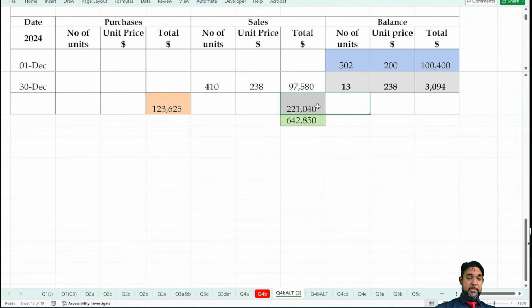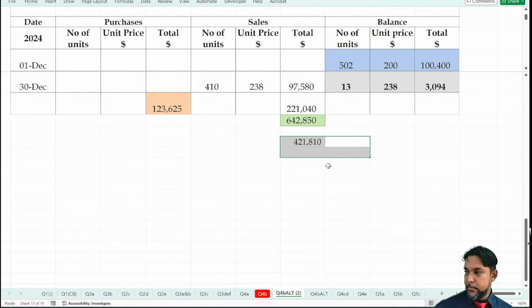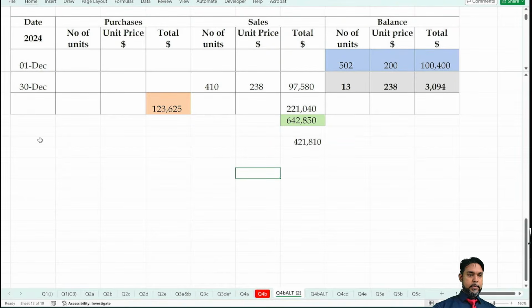So that's the cost price of the goods you sold, that's the selling price. And of course, when you subtract, you're supposed to get gross profit, right? Interesting. Can anybody confirm cost of goods sold for me?